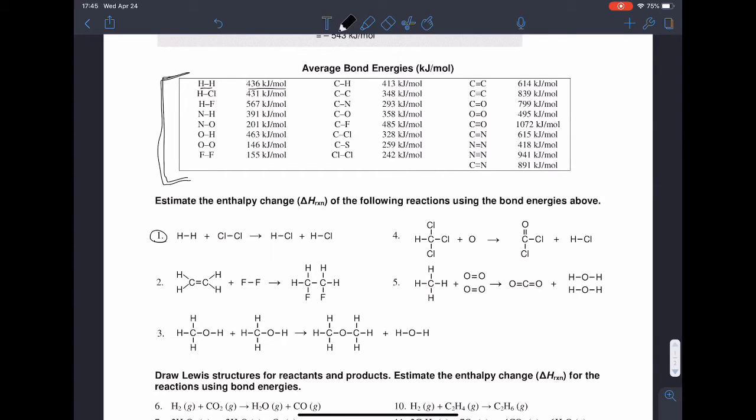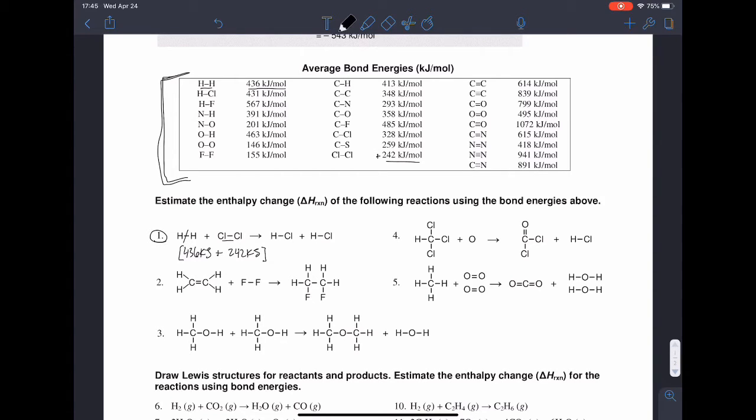So I'll say the bond's broken. So I'm breaking this bond, and with that I have a 436 kilojoule energy value, plus my chlorine-chlorine bond, which is over in this column at 242 kilojoules per mole, 242 kJ.